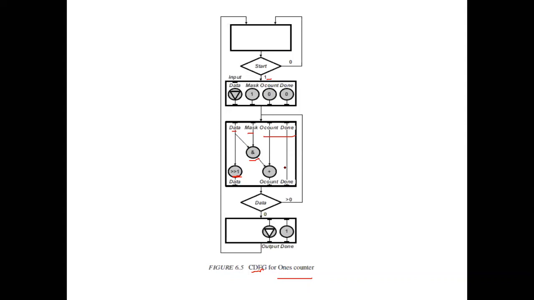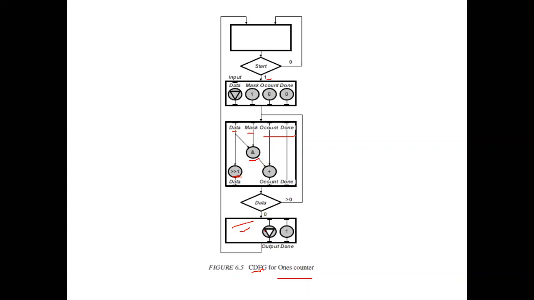If it is not 0, the loop will be repeated till data becomes 0. Once the data becomes 0, the execution will move to the next block, that is the final basic block. If the data is not 0, it will go back to the same block itself. If it is equal to 0, then it will go to the next block.